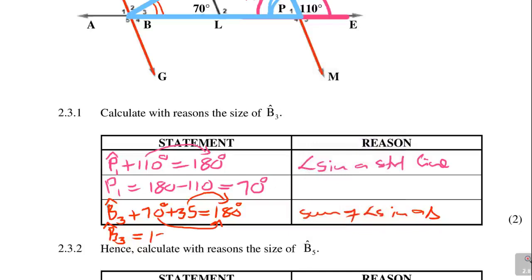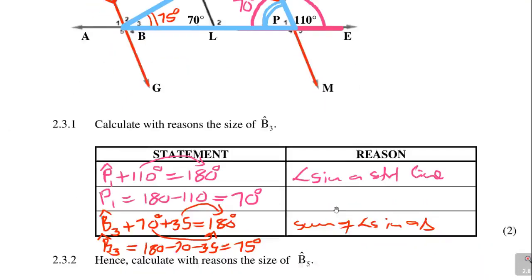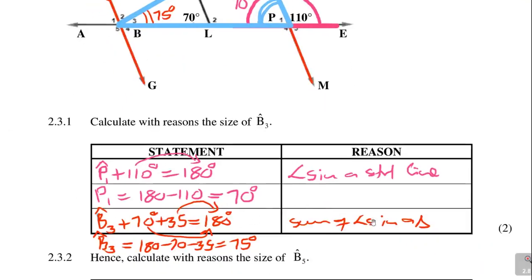So it is 180 minus 70 minus 35, which is 75 degrees. So that is the answer. That was one way of getting this, to say this was 75 degrees. Are you with me? Remember the reasonings? Always give reasoning after the statement.